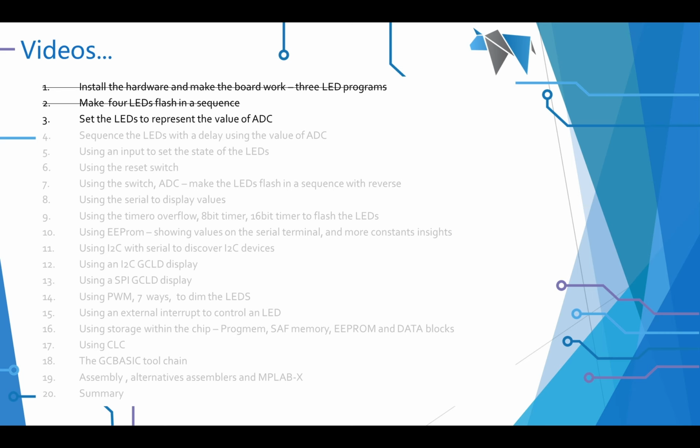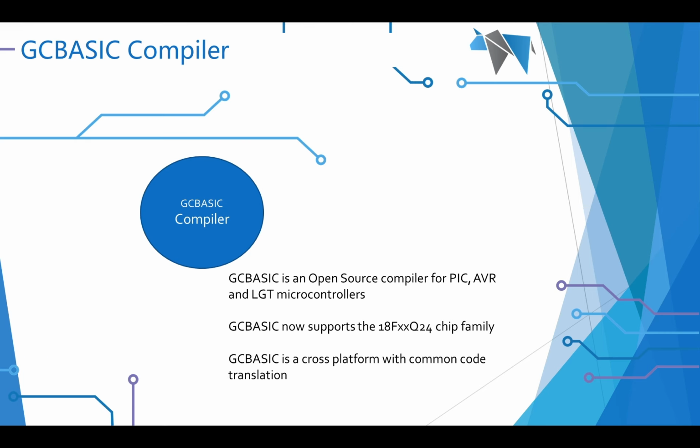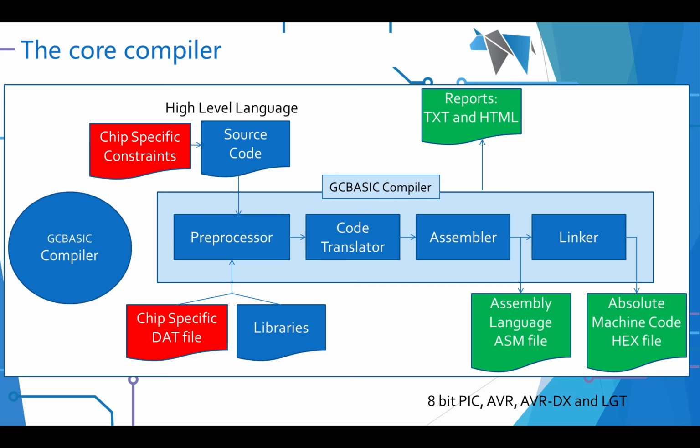And this is the deep dives. Okay, so compilers, open source, APIs, LGTs, etc. What we've got is this core compiler, and I've added some red bits in here to say there are certain things going on inside the chip that need to be understood, documented in source code or in the libraries, and/or the chip dat file at the bottom there in red is changed, and it needs to be absolutely configured.